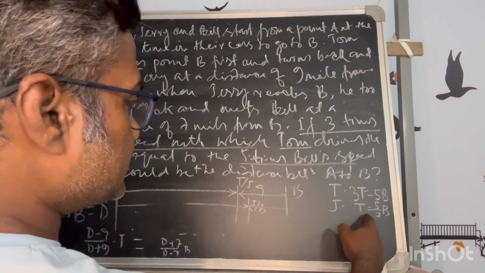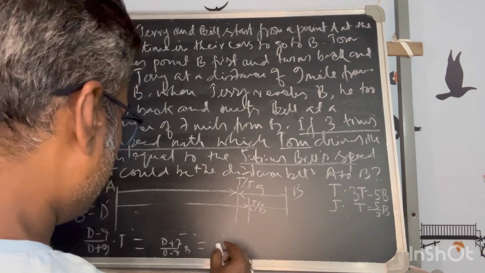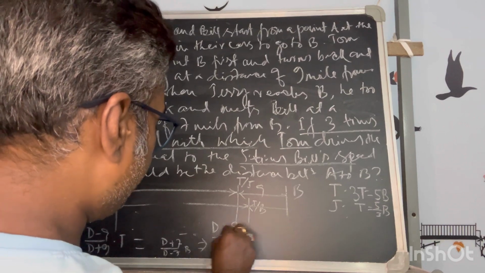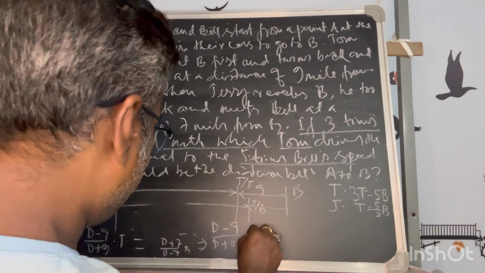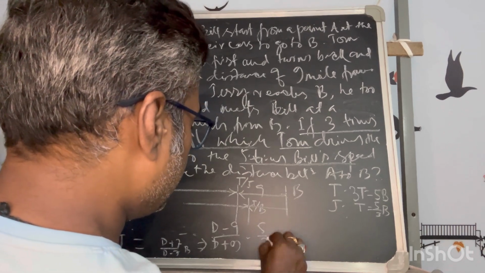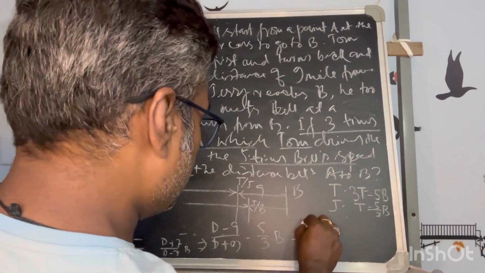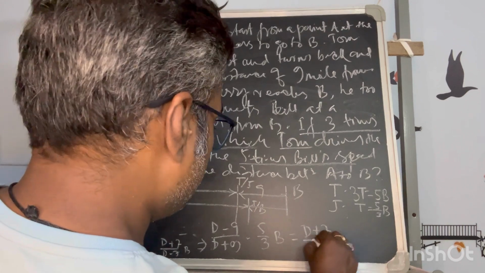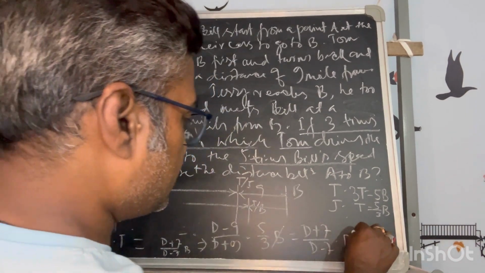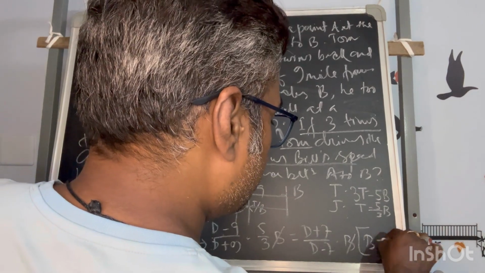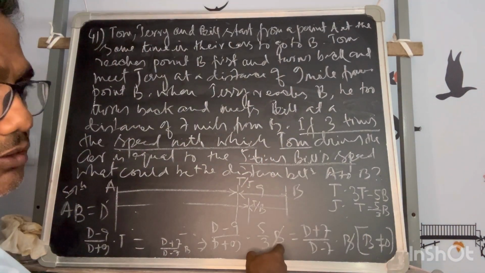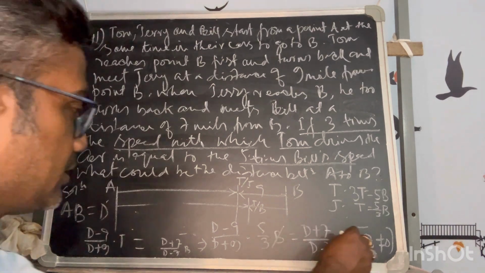Now again T is equal to 5 by 3 B, so I can put that in: (D minus 9) by (D plus 9) into T is equal to 5 by 3 into B, which is equal to (D plus 7) by (D minus 7) into B. Now see, B cannot be 0, so B can be cancelled out. They all have some speed, otherwise they would not move, so B is not equal to 0.